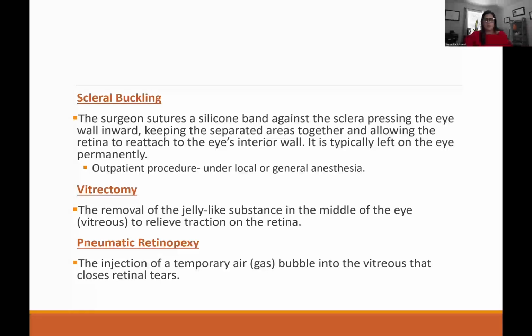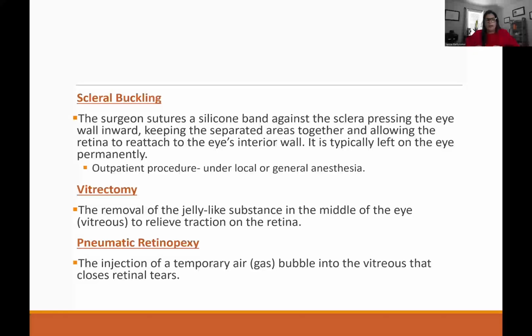The surgeon sutures this band against the sclera, pressing on the eye wall and keeping the separated area together, allowing the retina to reattach to the eye. Usually it's an outpatient procedure, and most times it's done in combination with one of these other procedures.